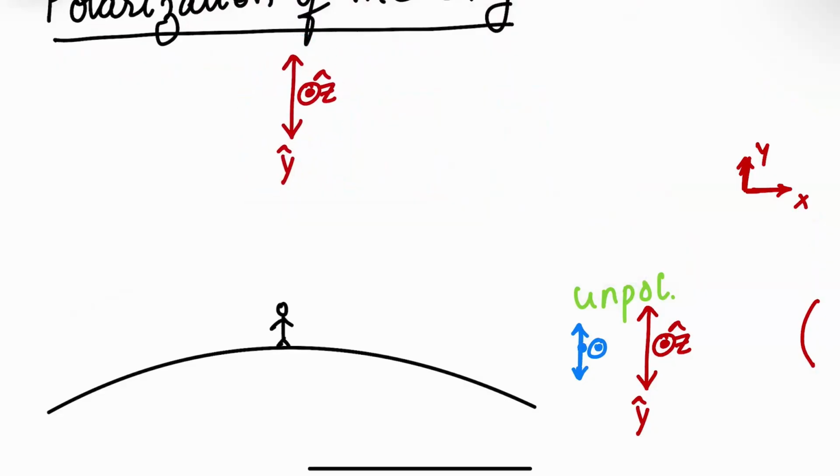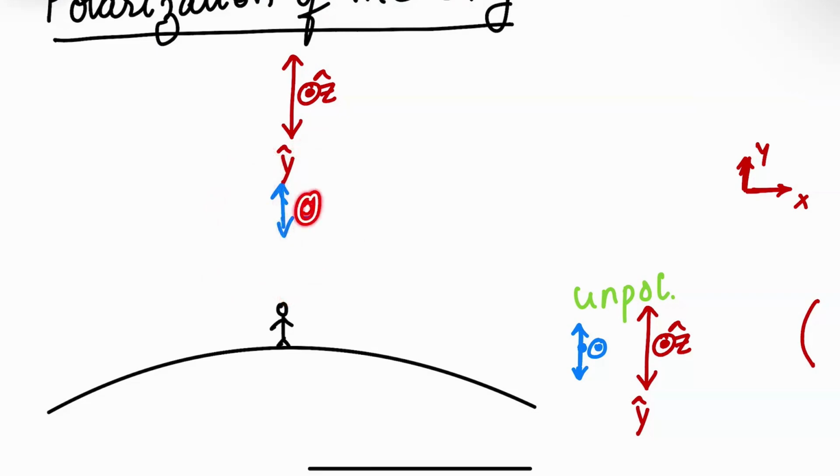Now when these dipoles are scattering, you have a dipole that's scattering like that, and you have a dipole that's scattering like this. This dipole doesn't radiate towards you. There's a null in your direction.